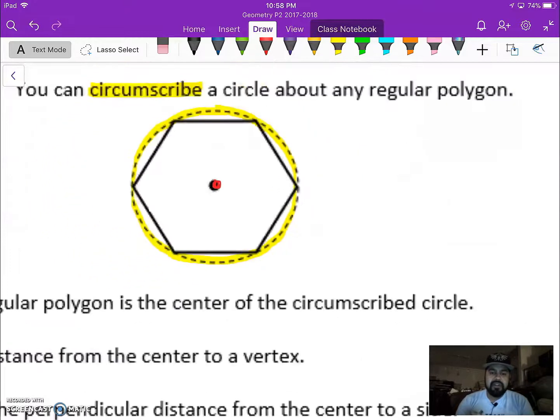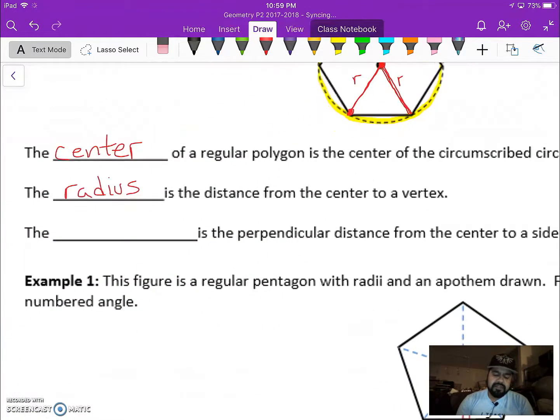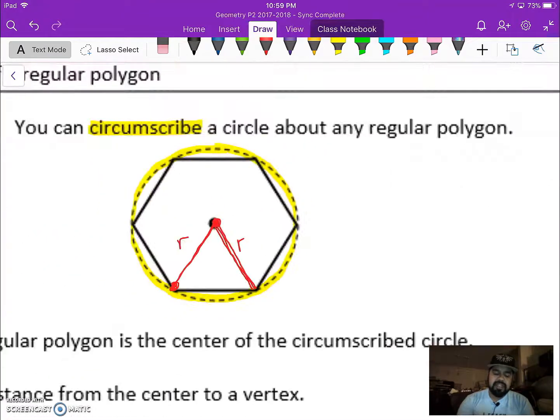In this case, the edges of the polygon meet at the edge of the circle, which we call the vertex. So this right here would be a radius. Likewise, I can draw another one here. There's my other radius. And then, of course, I should probably label my center.